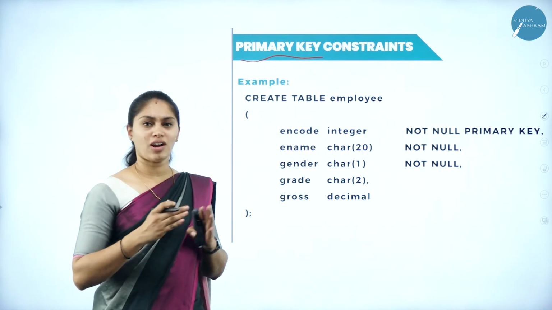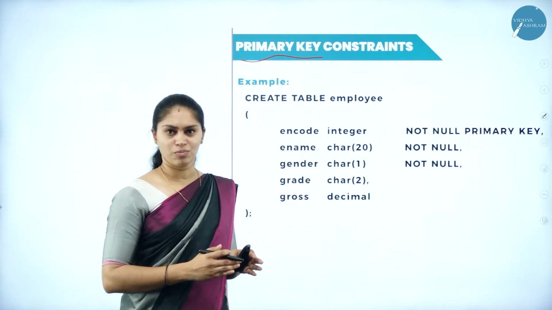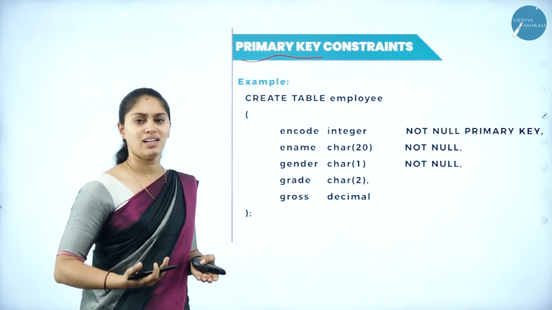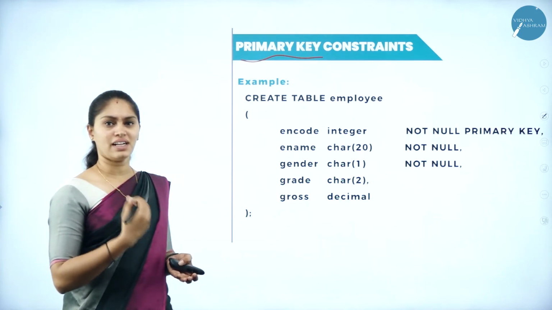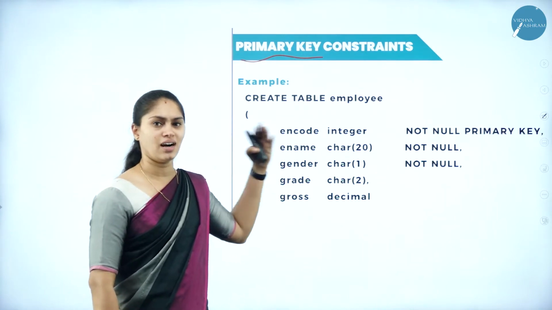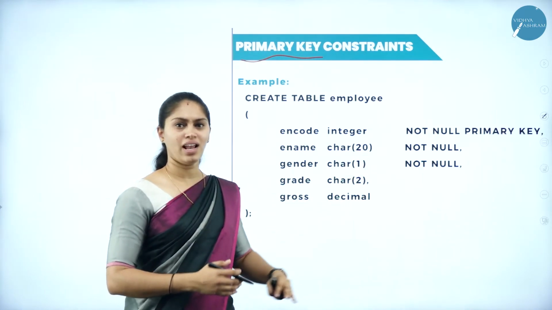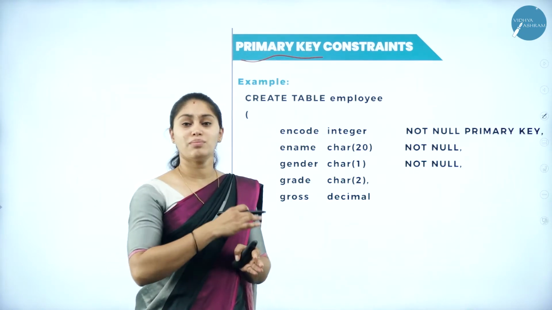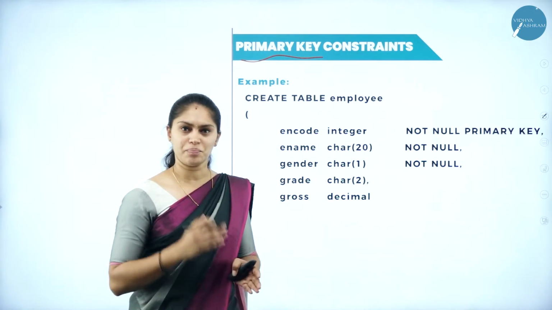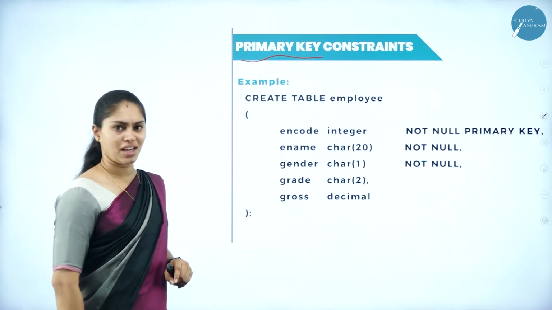That means we cannot leave a blank value for that column, and it must be unique in nature. For example, if I have 5 rows in my table, all the values of that column should differ from one another. Those two conditions have to be satisfied for the primary key constraint.